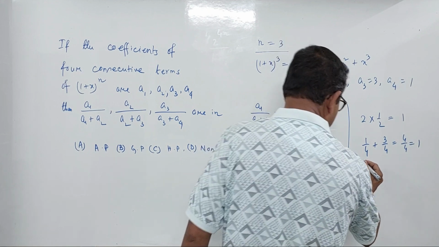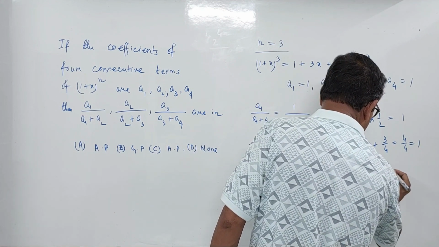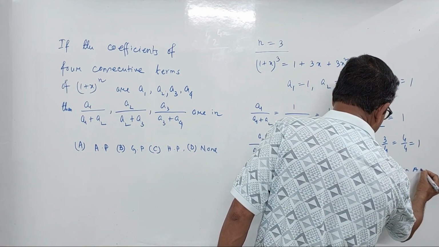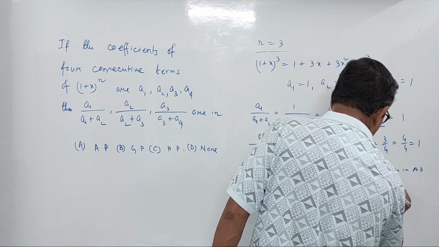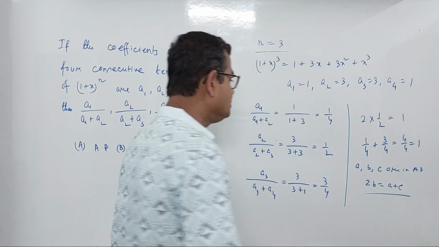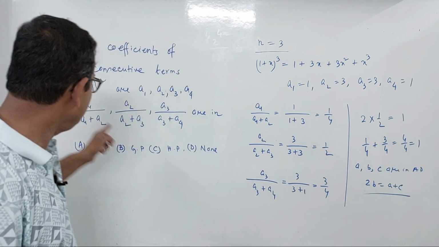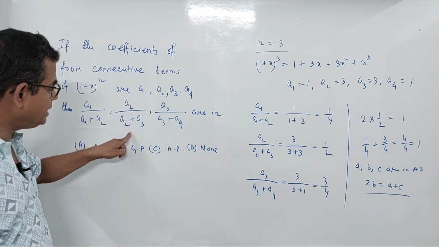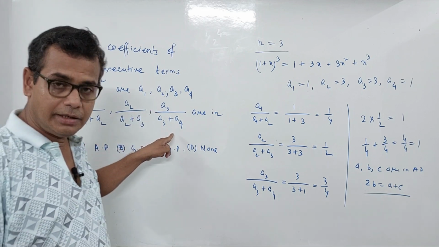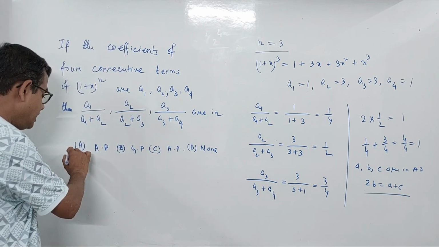We know if A, B, C are in AP, then 2B equal to A plus C. So 1 by 4, half and 3 by 4 are in AP. So a1 by a1 plus a2, a2 by a2 plus a3 and a3 by a3 plus a4 obviously are in AP.